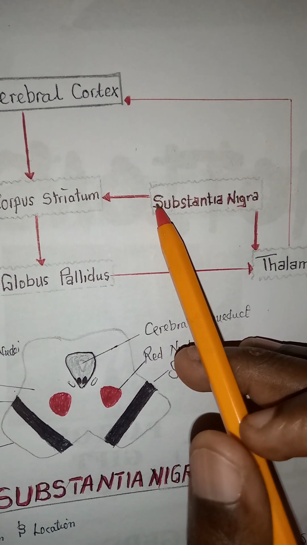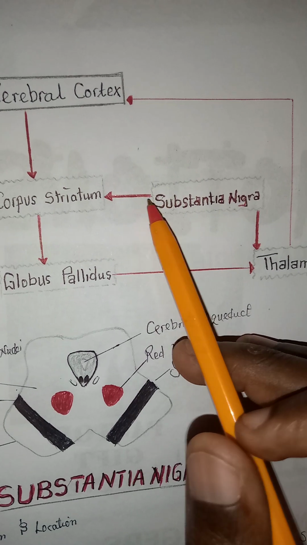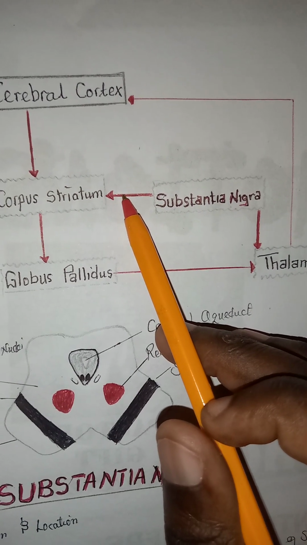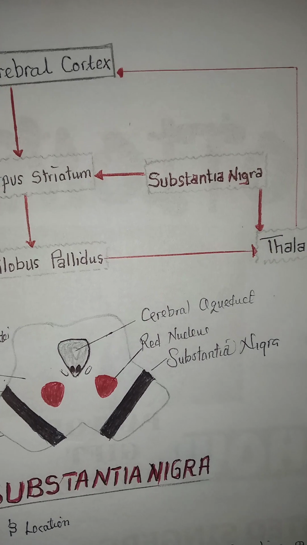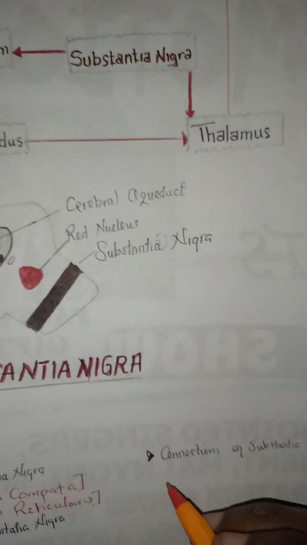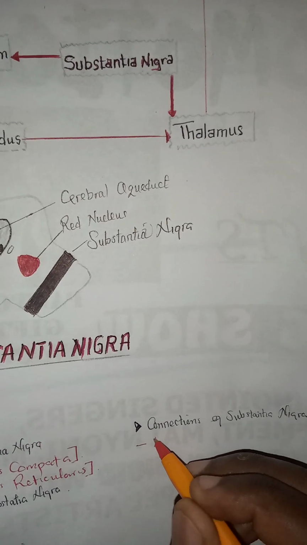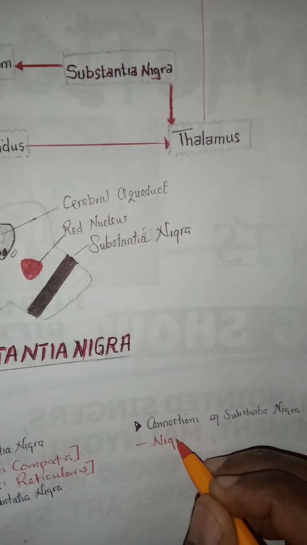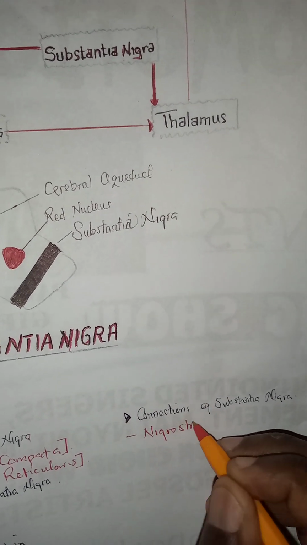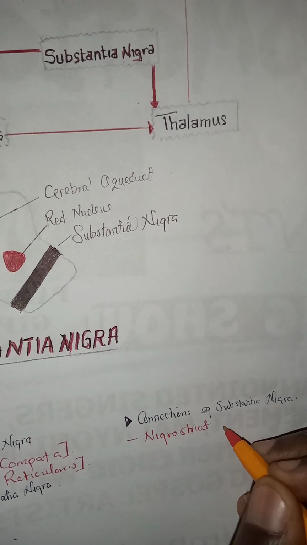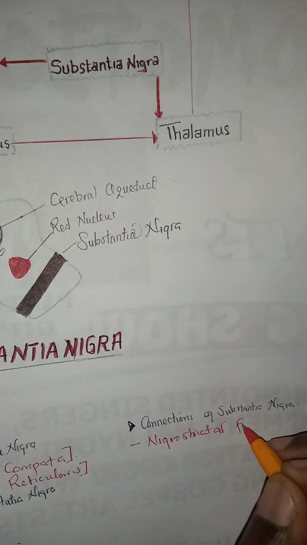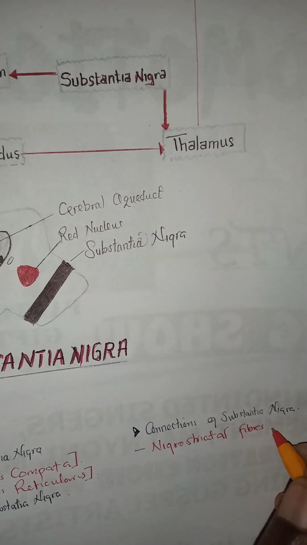The fibers projecting from the substantia nigra to the corpus striatum are known as the nigrostriatal fibers.